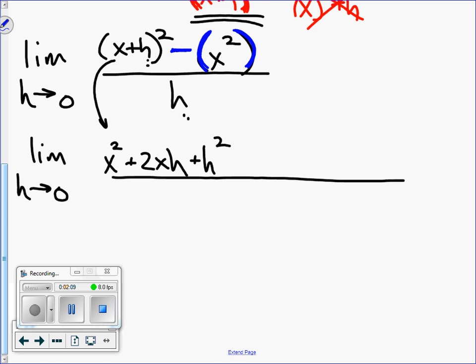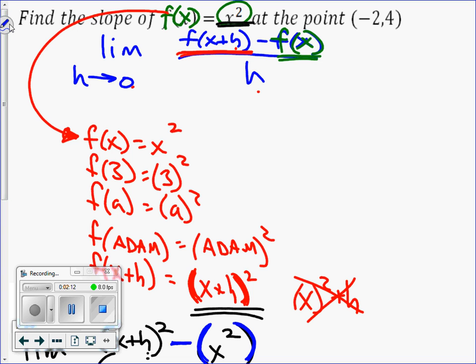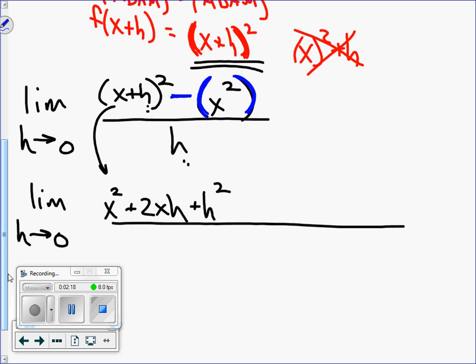But if f of x up here has more than one term, we're definitely going to want those parentheses around it. So I'm just modeling that for you so that you get into that habit. Okay? So now I'm subtracting that x squared, and then we have an h on the bottom.